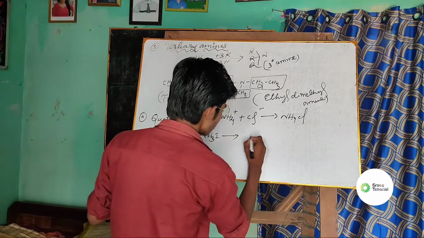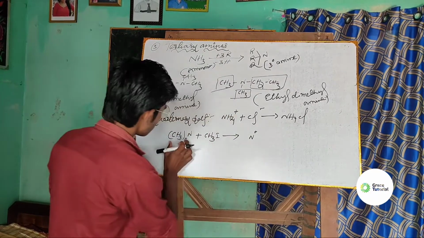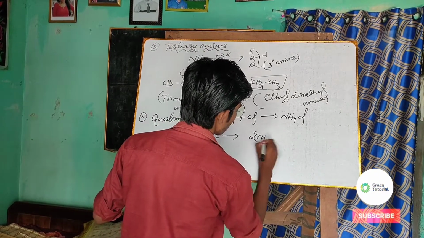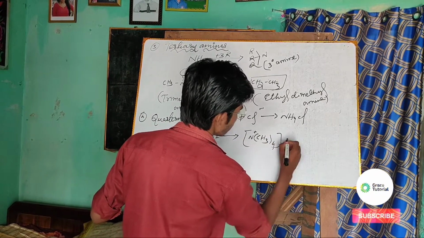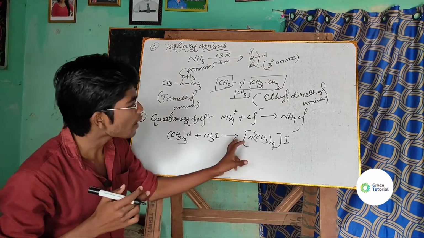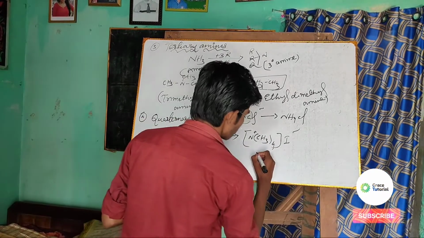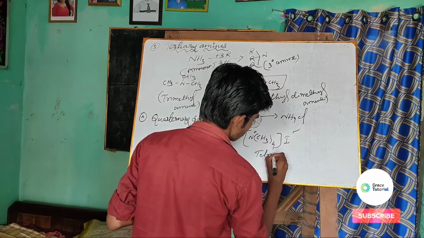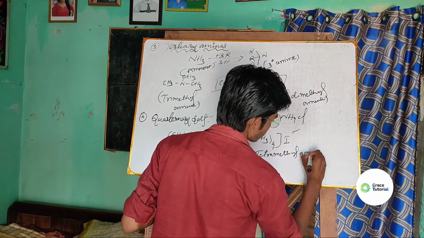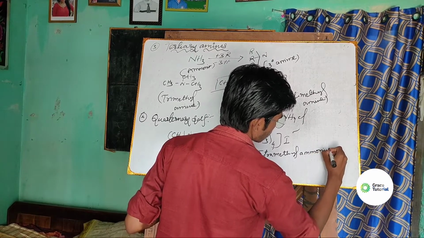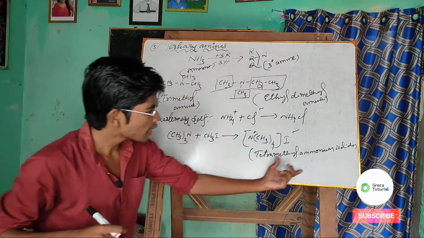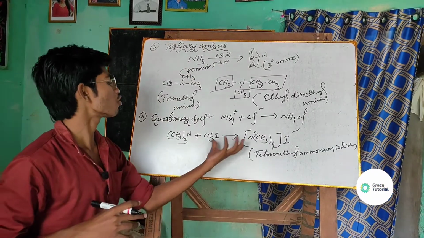So what is actually obtained here? Here N plus, CH3 three, and one more alkyl group, that means CH3 whole 4, and I minus. So tetramethylammonium iodide. This is actually a quaternary salt.